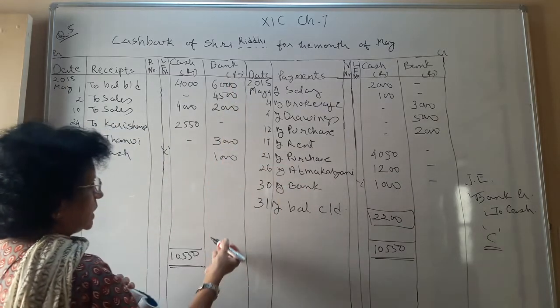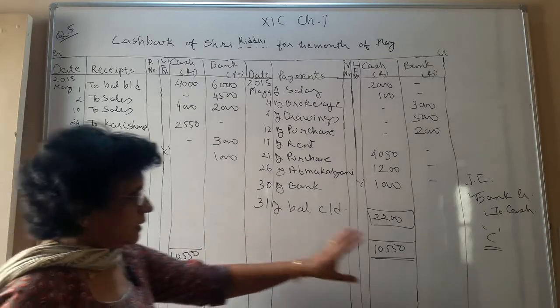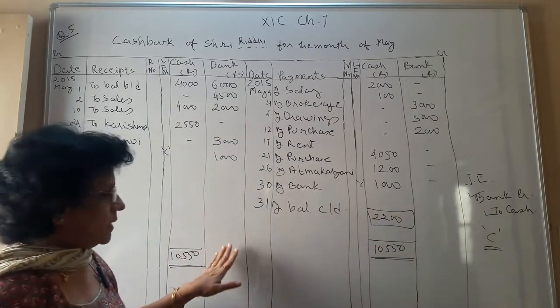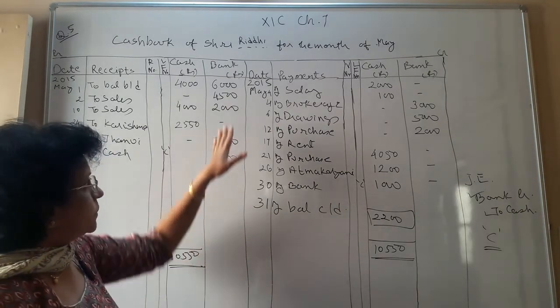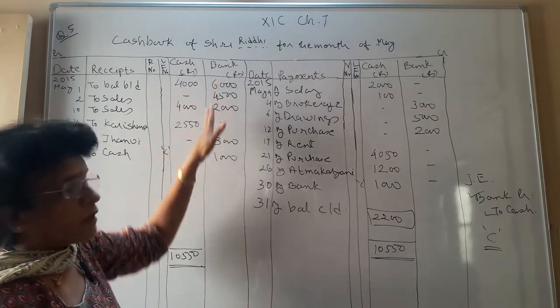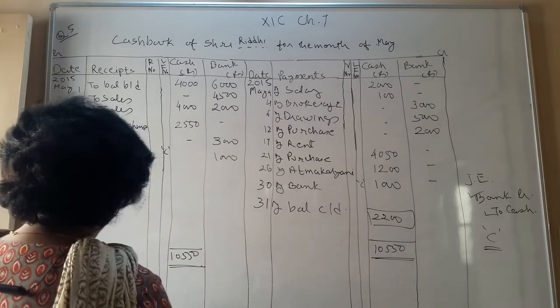Now let us deal with the bank. In case of a bank, it may be possible that the total is more on the credit side or more on the debit side. So you have to get a rough look at which side total seems to be more. In this example, our total is more on the debit side.